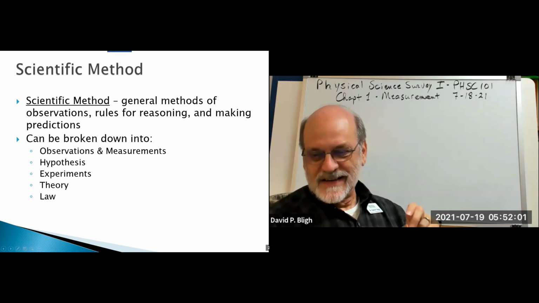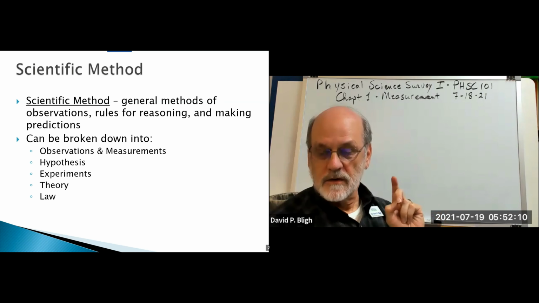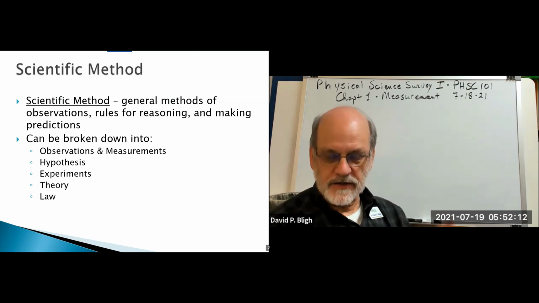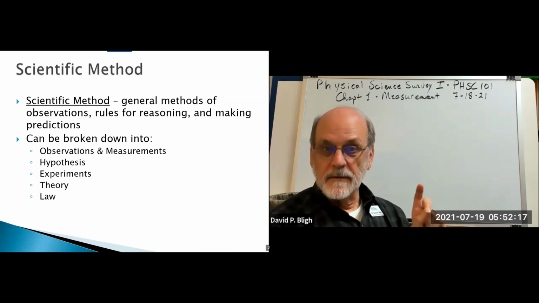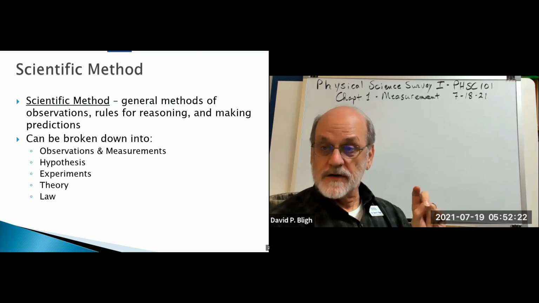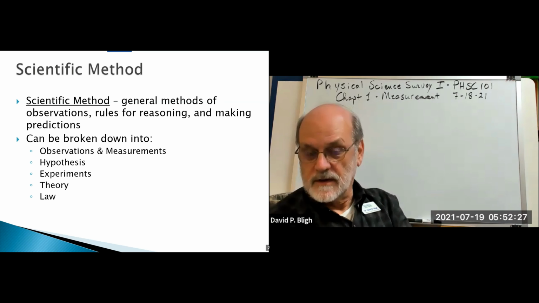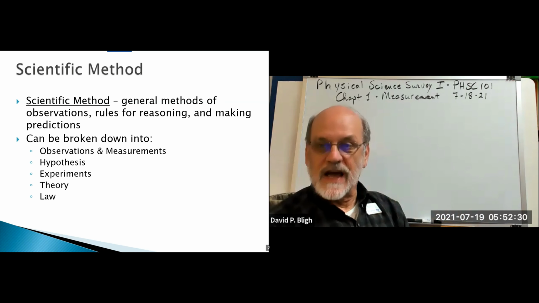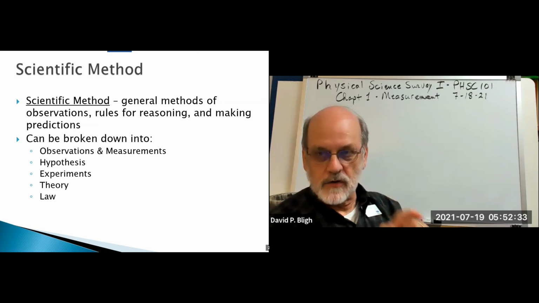So you need a discerning mind. Primary sources are the best. In other words, a primary source would be a published research paper on a topic. Those are good samples of primary information, because in order to publish in a refereed journal, you have referees. You have other scientists scrutinizing your work and criticizing it before it even goes to print. Okay, so that's also part of the scientific method.